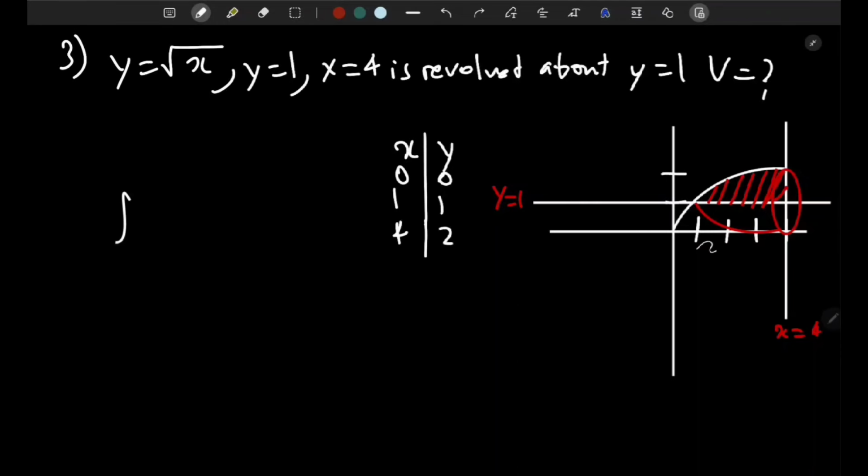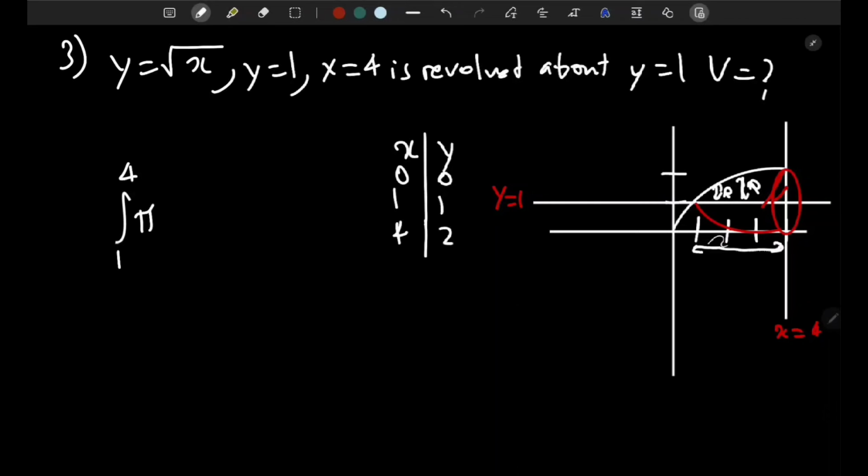So our limits are from 1 to 4. So it's going to be pi. And now I want you to focus very carefully. What is our radius over here? If I erase this red part, our radius is basically from here all the way here.